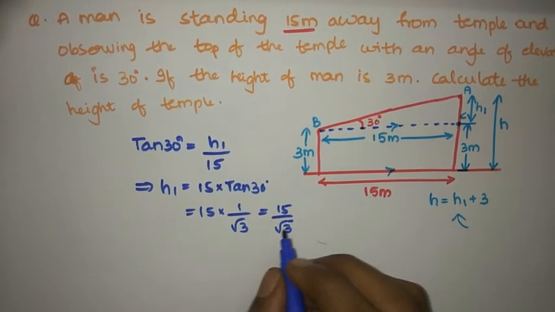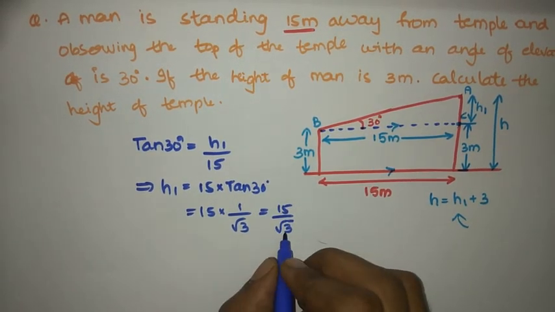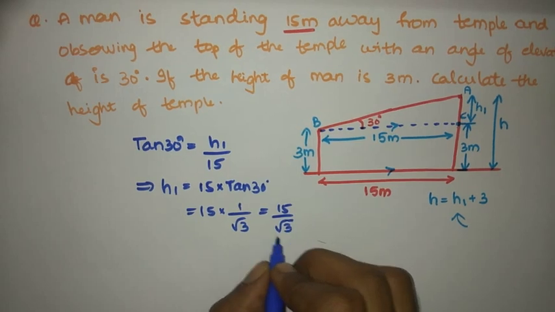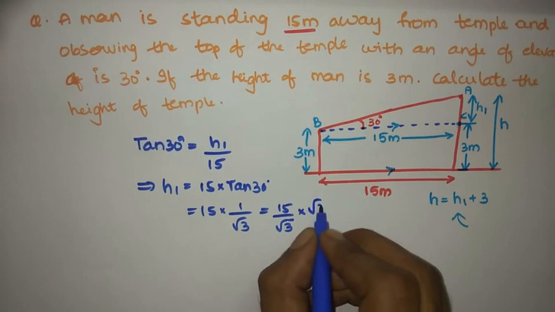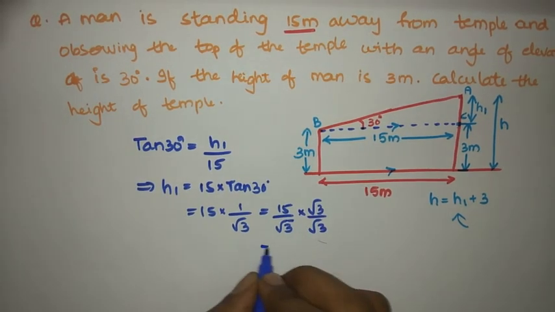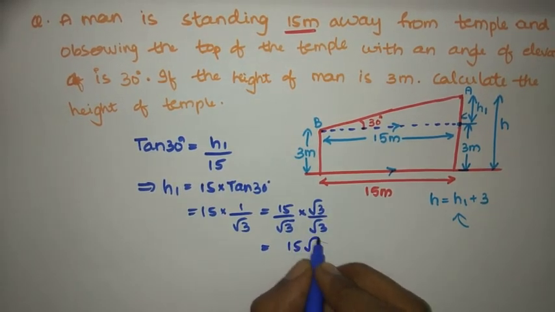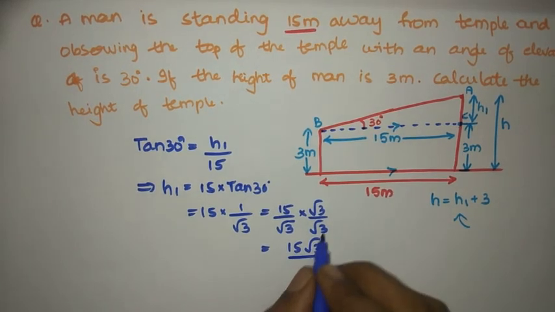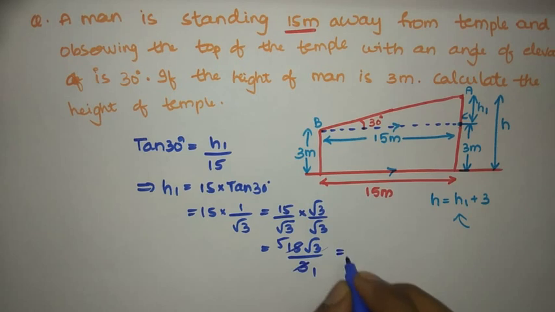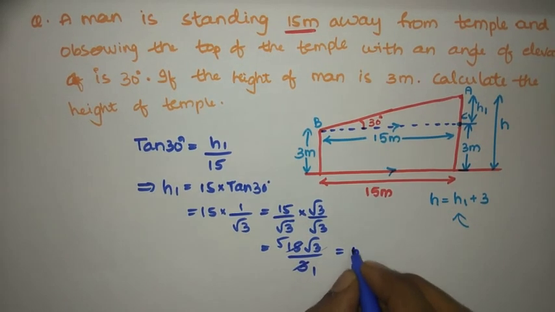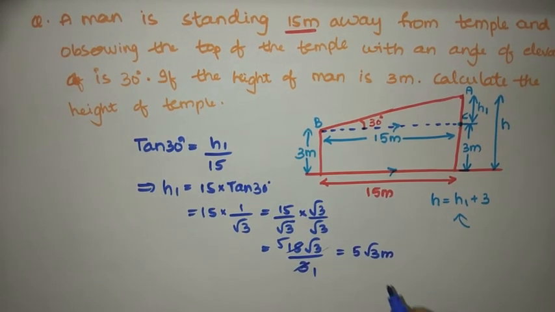But there should not be any irrational number in the denominator, so we will rationalize the denominator here. It will be root 3 by root 3. So 15 into root 3 is 15 root 3, and root 3 into root 3 is 3. So 3 ones are 3, 5 threes are 15. Total, this H1 is equal to 5 root 3 meters.